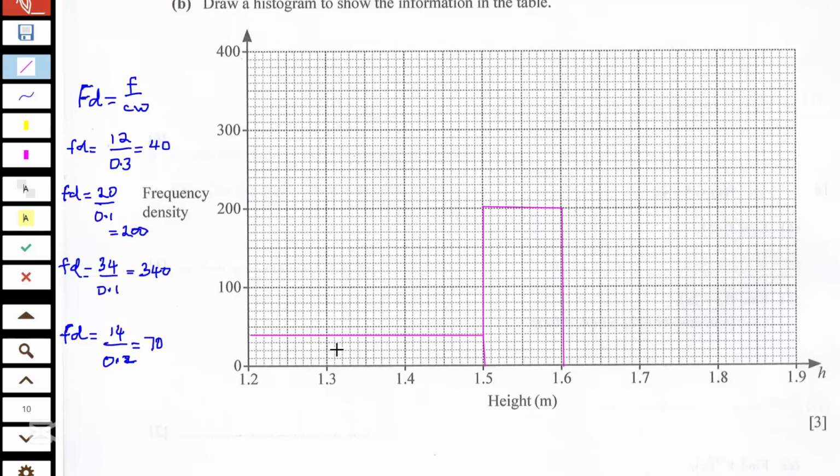Now, the next class interval, 1.6 to 1.7, has a frequency density of 340. So from 1.6 we trace up to 340.